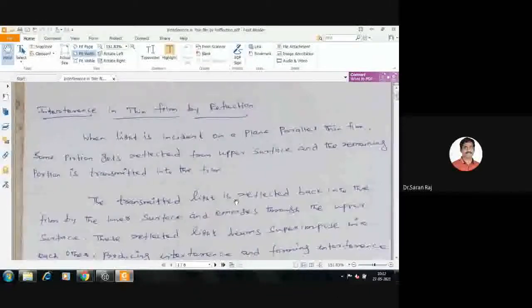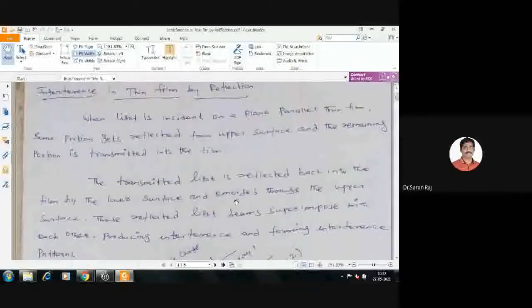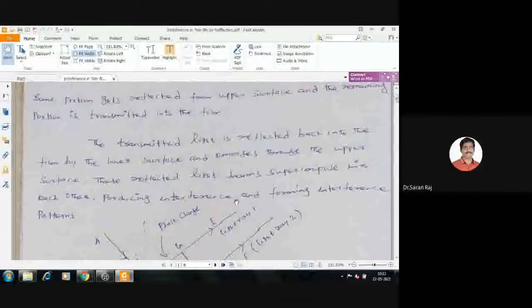The transmitted light is again reflected back into the film by the lower surface and emerges through the upper surface of the film. These reflected light beams act on the superposition principle with each and every ray, producing interference and forming the interference pattern.